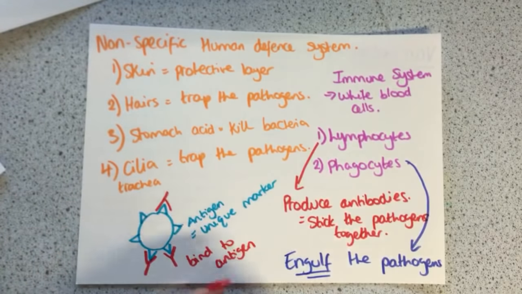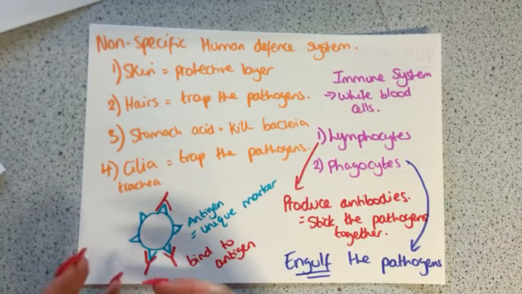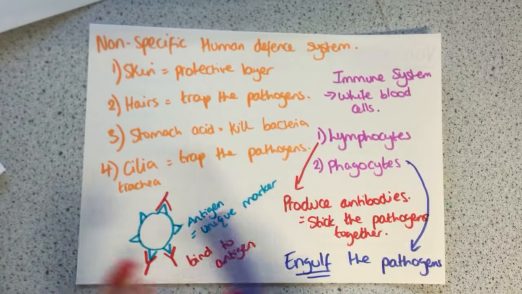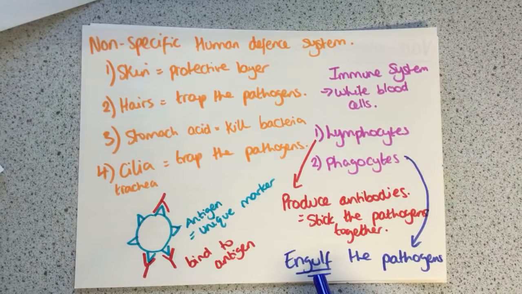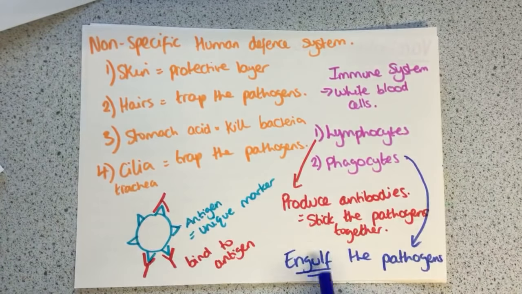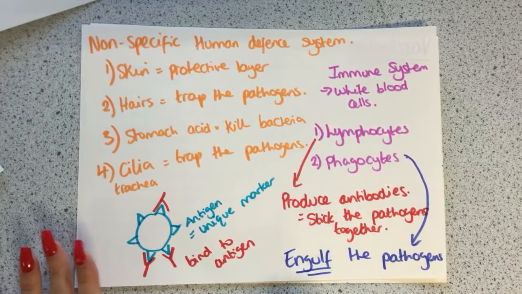Obviously, if they're all in one place, that means it's going to be easier to get rid of. And then once they've all stuck together, the phagocytes come along and engulf the pathogen. It's really important that you use the word engulf, which basically means they take them inside of them. Remember this word is important.